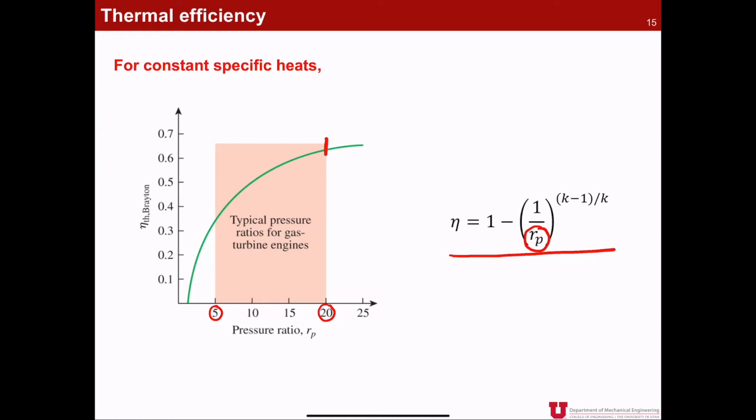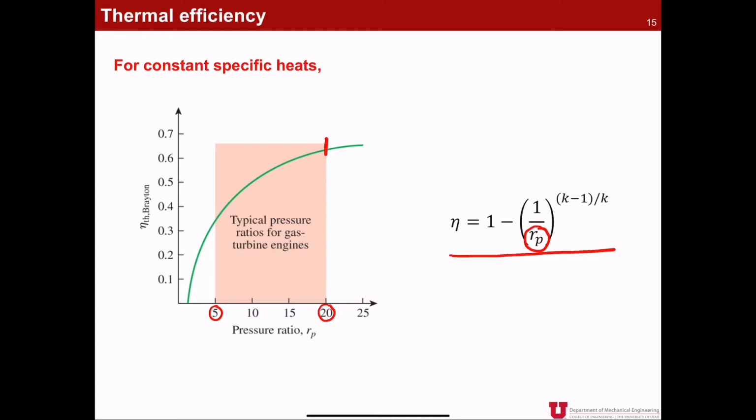Wouldn't it be better to keep increasing the pressure ratio? Because for sure from this plot, the higher pressure ratio would be more beneficial to us. But why should we limit the pressure ratio at around 20? What is a realistic feature that would limit that pressure ratio?